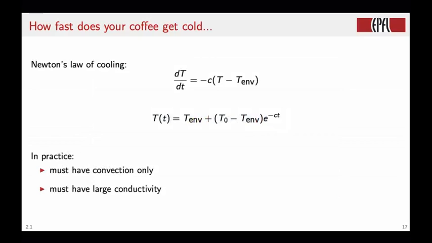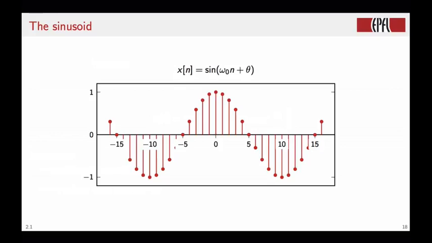So this was all to show you a little bit of a sense of physics at work, and you see signals in real life. A discrete time version of these signals will be typically sequences, which we'll be interested in this class. The next character in the play is the sinusoid.